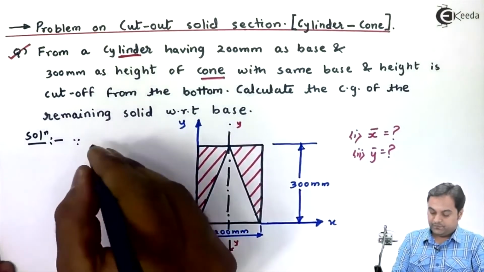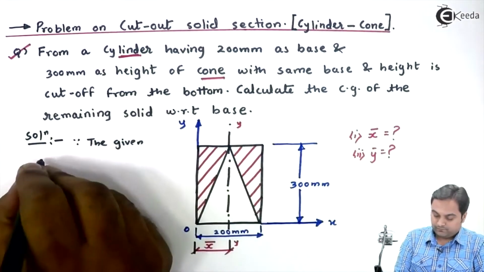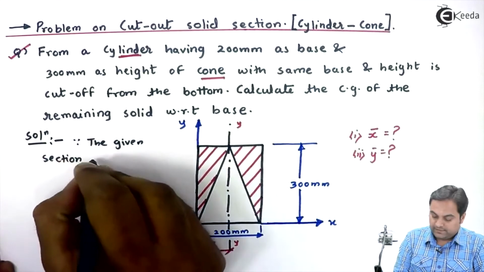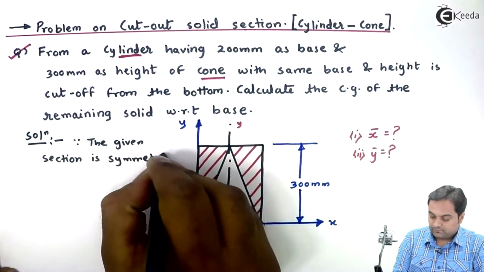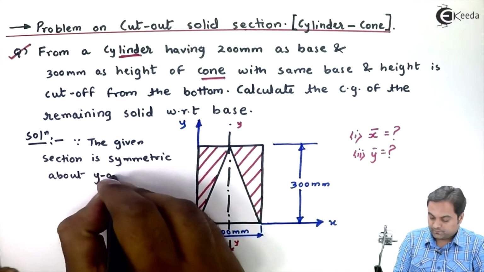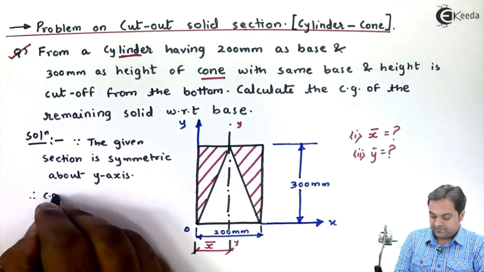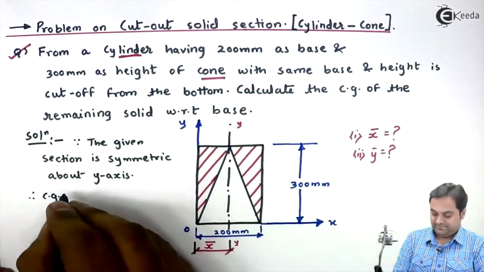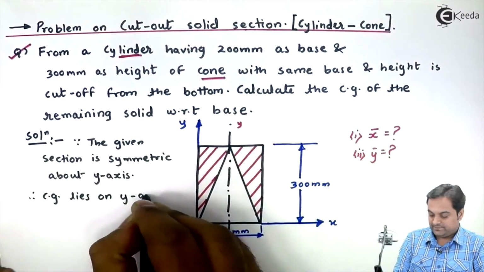Since the given section is symmetric about Y axis, therefore CG, center of gravity, lies on Y axis.